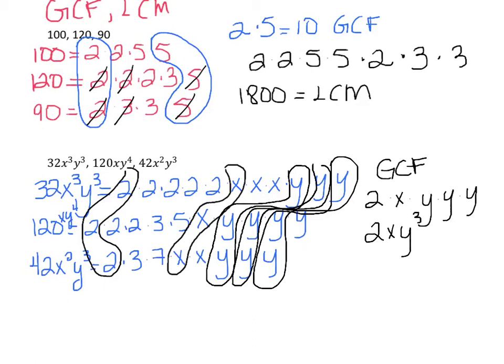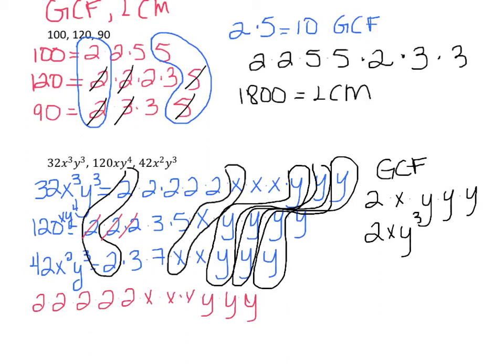So I'll write down the entire prime factorization for 32 x cubed y cubed. And then I start. I've got 5 2's. 1, 2, don't have any more 2's, so I don't have to cross out 2's from 120.